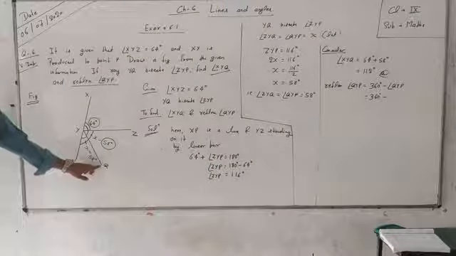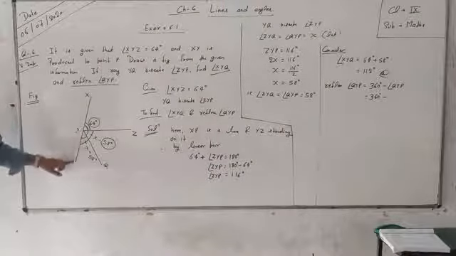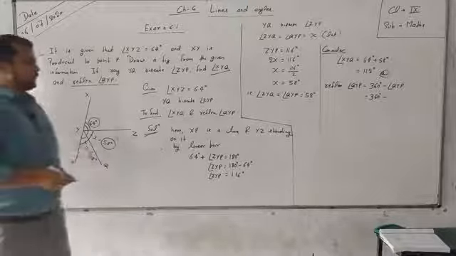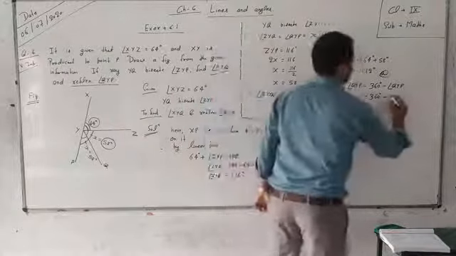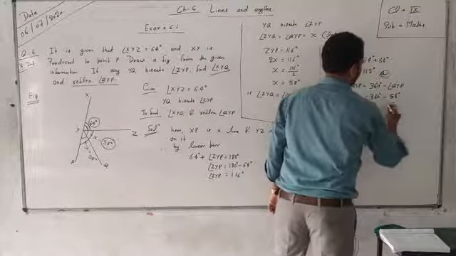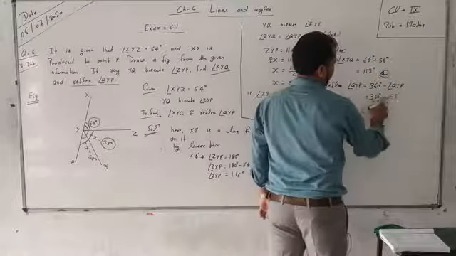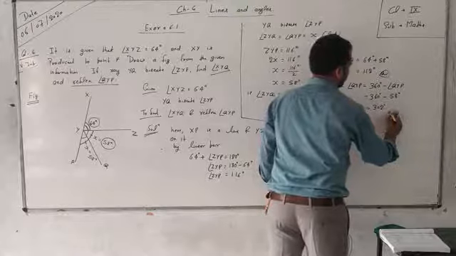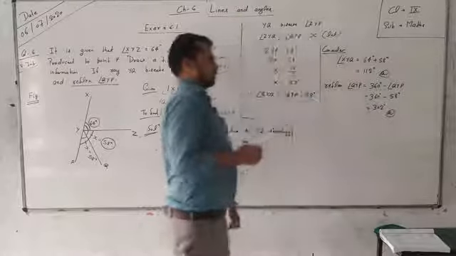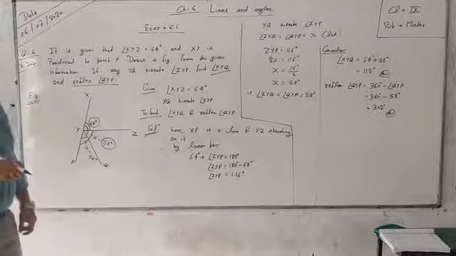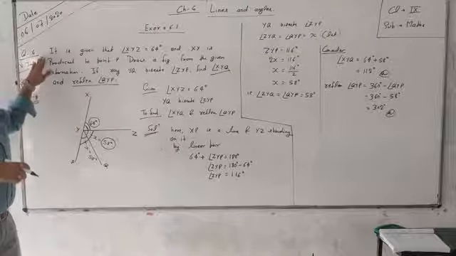The measurement of angle QYP is 58 degrees. So here we have to write what? 58 degrees. When we subtract 58 degrees from 360, it will become 302 degrees. This is your second answer. So this is the complete solution of your question number 6. Okay.